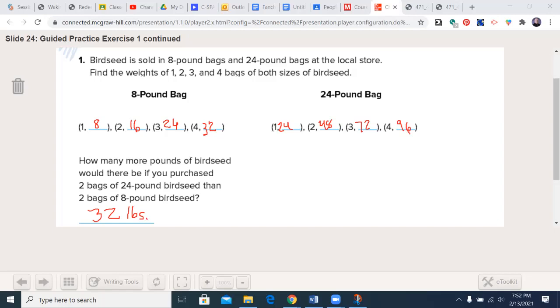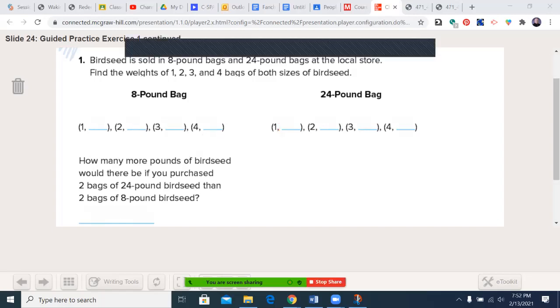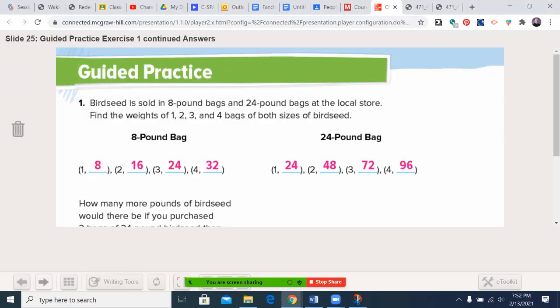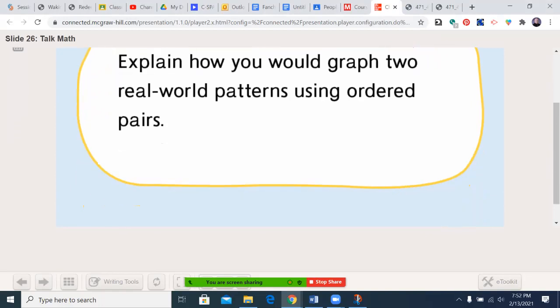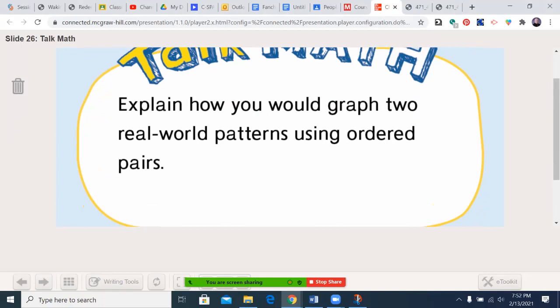All right, I'm going to go ahead and clear the drawing. See our answers. Explain how you would graph 2 real-world patterns using ordered pairs. We've been doing it a lot with data about the current health situation, where you could graph the number of cases each day, or you could graph the 7-day average. Those would actually be 2 different things.